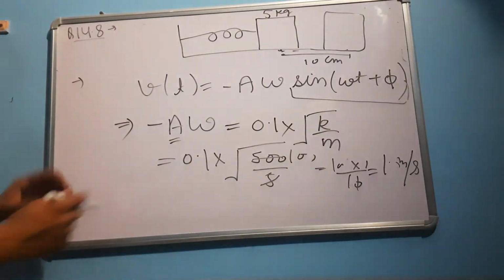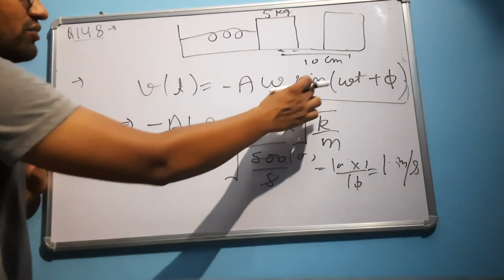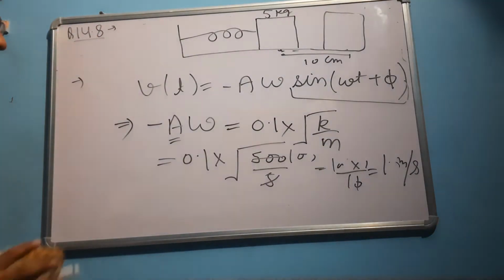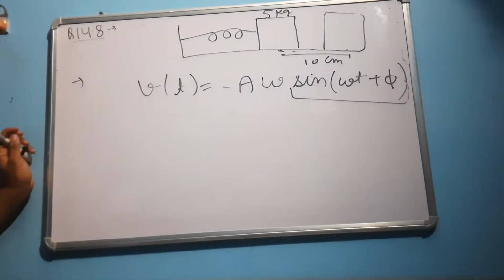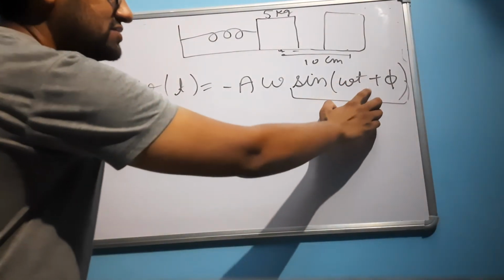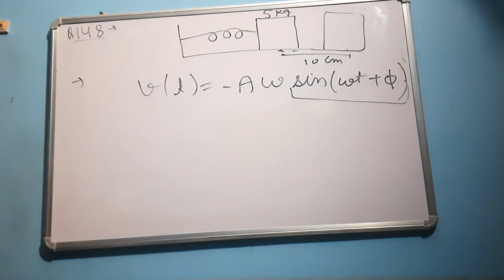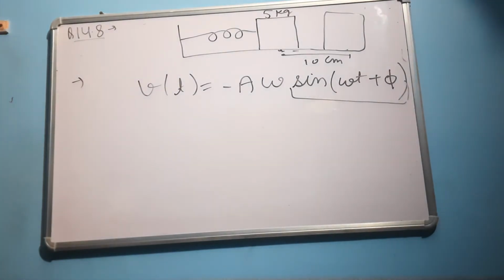So where will our velocity be maximum, at which position? From the formula it is clear that when the angle is 90 degree, or in radian pi by 2, then our speed will be maximum.